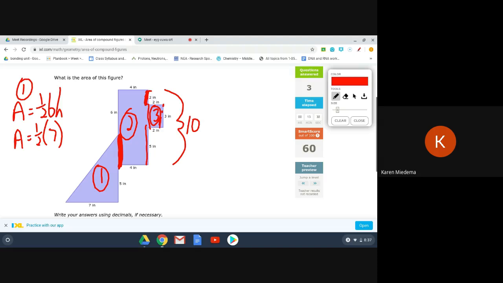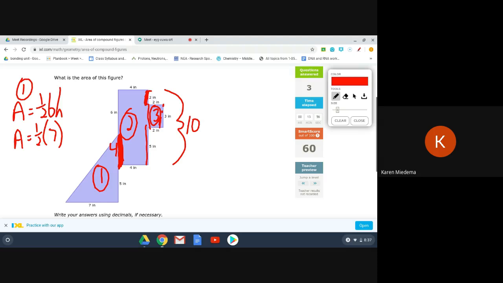Now, when I look over here, I see that I had 6 inches. In order to find out what this piece that I drew in to make the triangle is, I would have to subtract 10 minus 6 to give me 4.